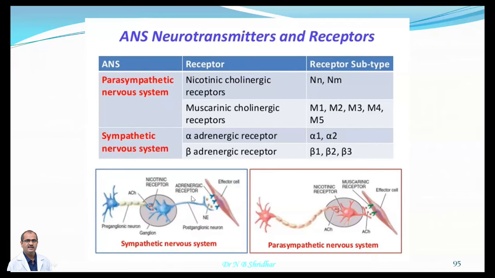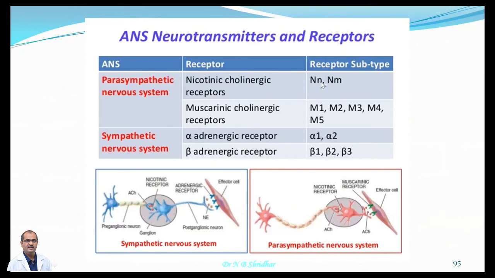Then the adrenergic receptors present at the postganglionic site are alpha 1 and alpha 2, beta 1, beta 2 and beta 3 types of receptors, depending upon the type of organ. Whereas in the parasympathetic nervous system, the preganglionic nerve fibers are long, and the receptor subtype present on the postganglionic fiber is nicotinic, and in both these ganglionic sites, acetylcholine is the neurotransmitter. And of course, the effector organs may contain NN type, NM type, both nicotinic and muscarinic receptors.